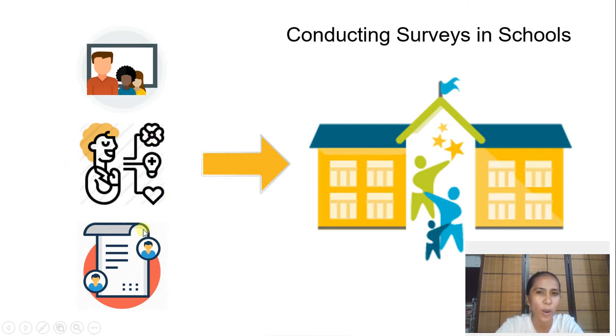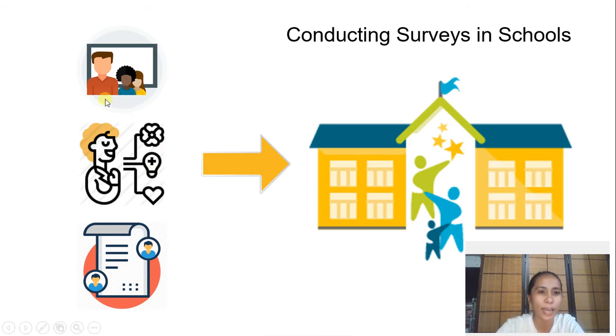Second, we conduct surveys in school to know the attitudes of our kids, di ba? What they want, what they need. Sometimes children are not really expressive. They don't want to say what they want, don't want to say what they need.